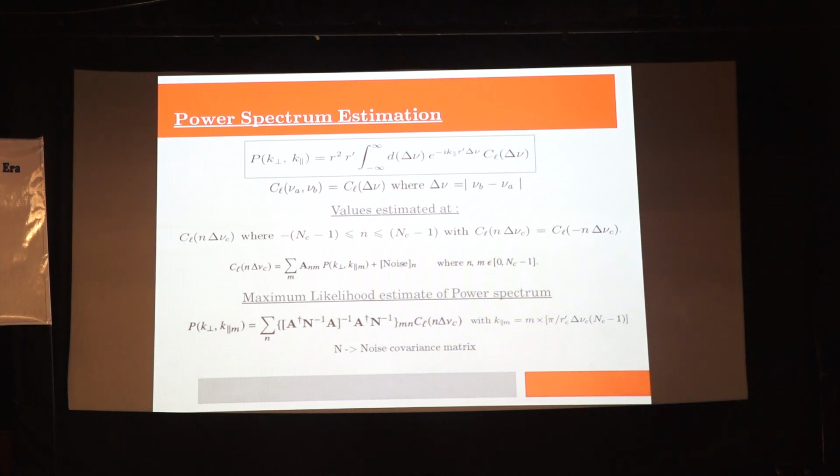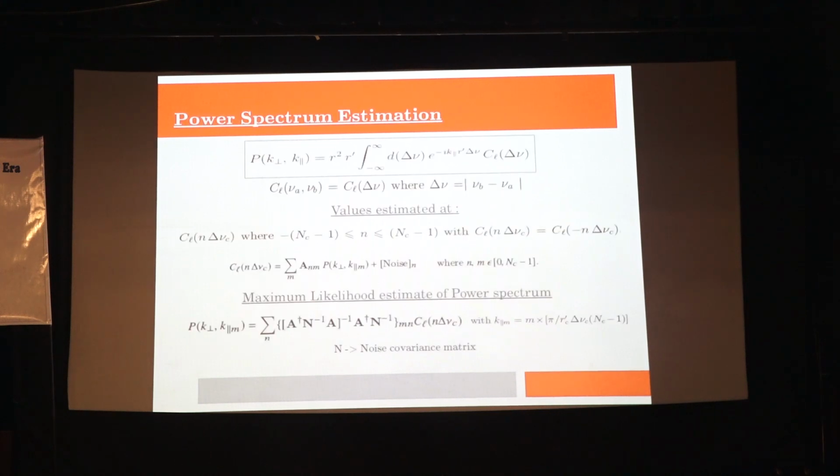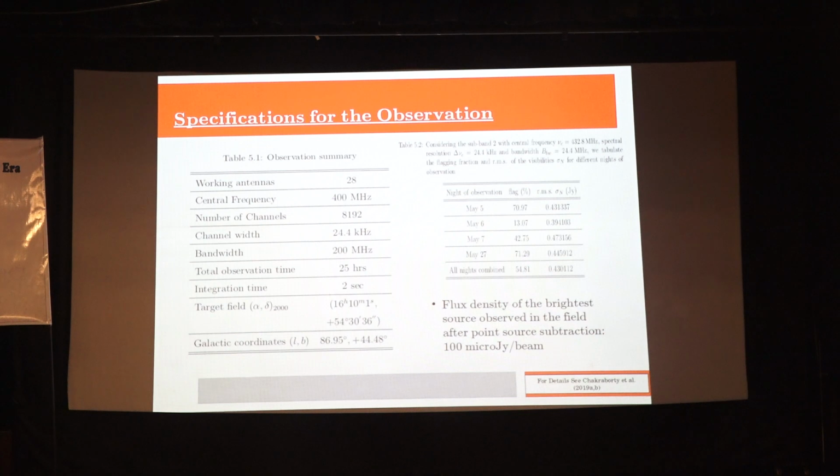Then the maximum likelihood estimate of the power spectrum is given by this, where N is the noise covariance matrix. From here we obtain the cylindrical power spectrum, which can then be further binned spherically to get the spherical 1D power spectrum.